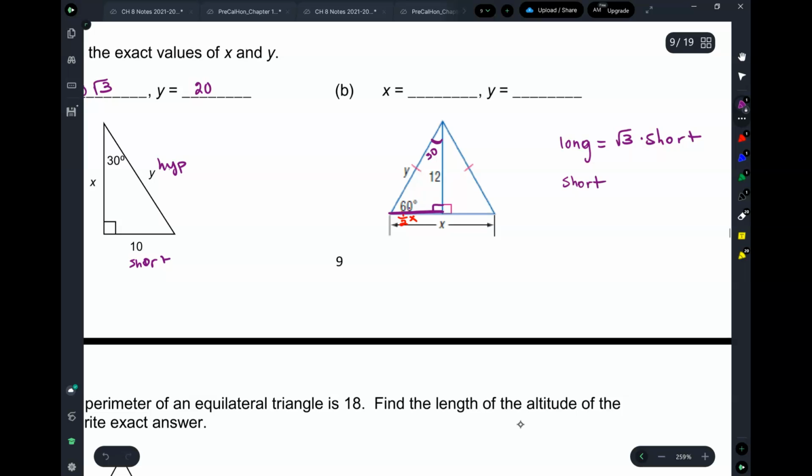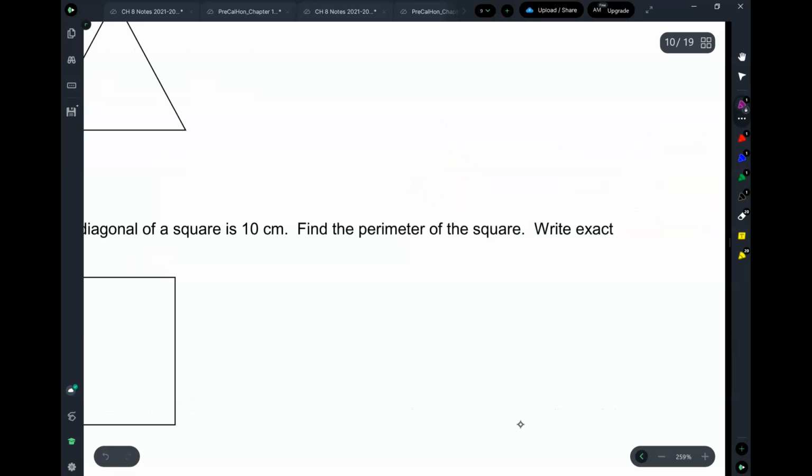Can we say it's the long leg divided by root 3? Yes, is everybody okay with that? The long leg divided by root 3. So that is 12 over root 3. Now, you rationalize the denominator, so that's 12 root 3 over 3.